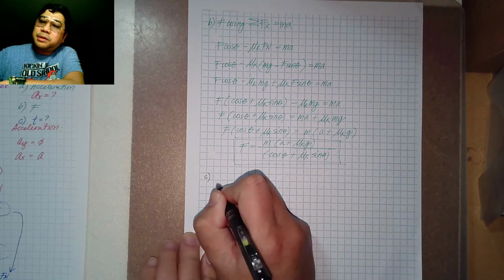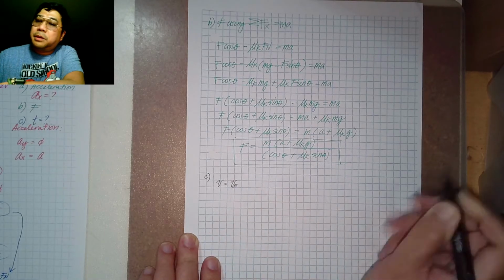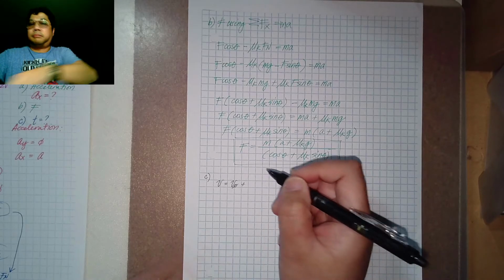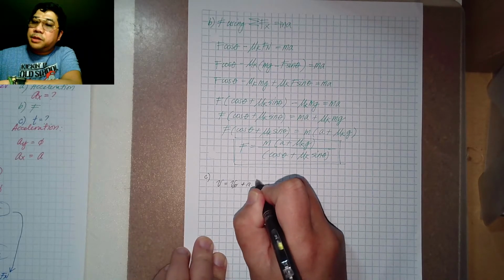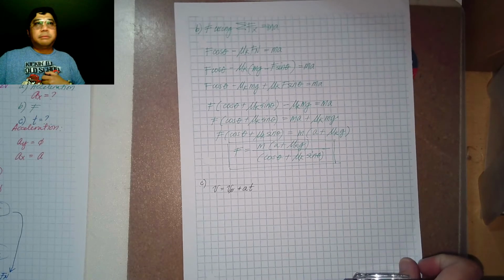The final velocity is simply equivalent to the initial velocity plus a times t. All right, so how do we solve for t?